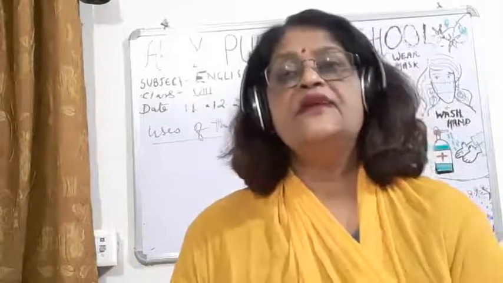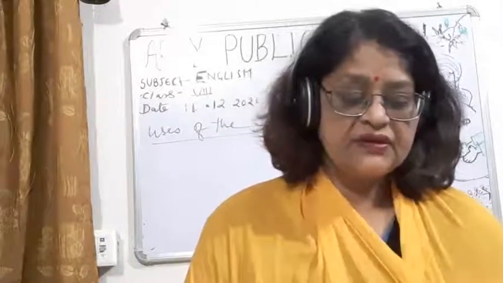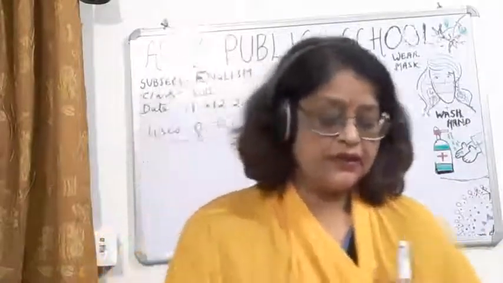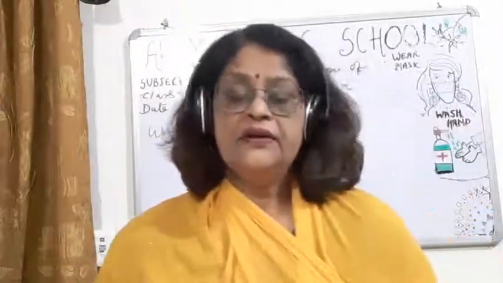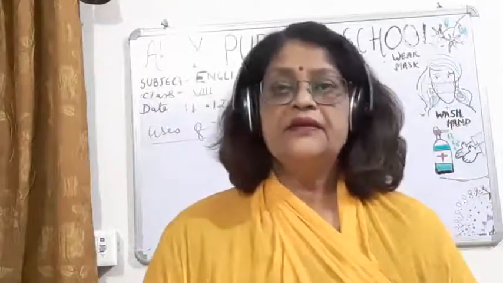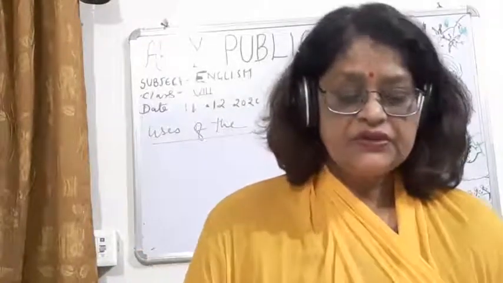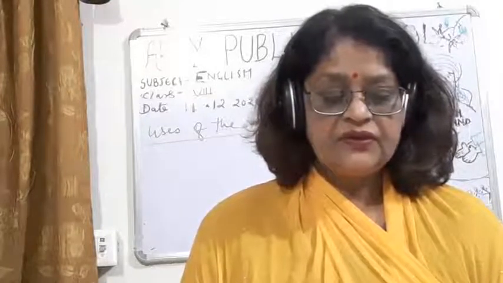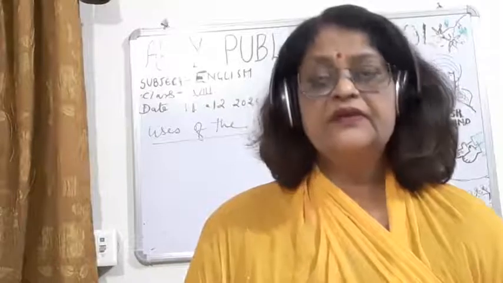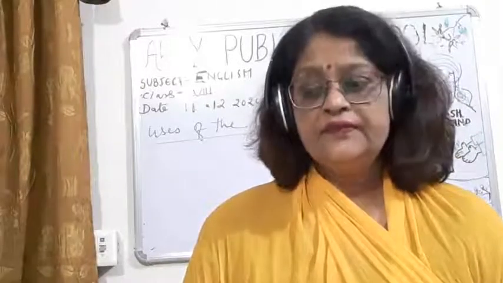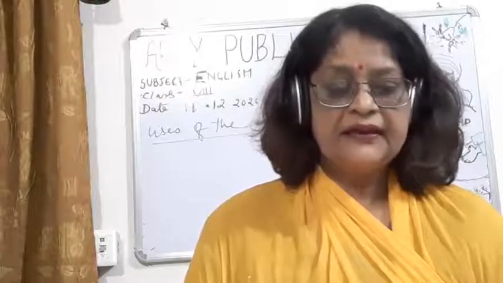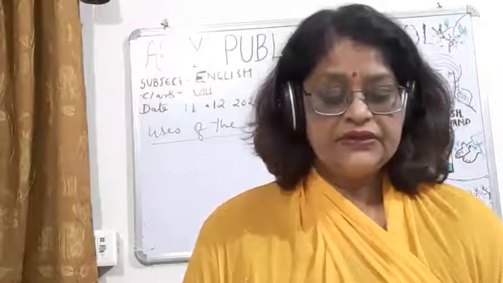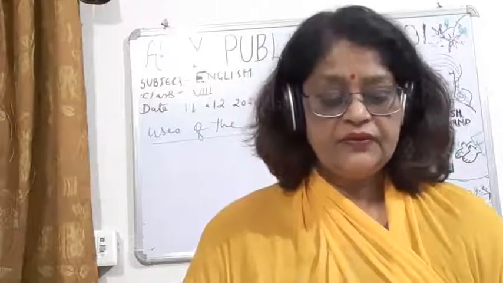Then, children, whenever there is a religious book, we use "the": the Gita, the Quran, the Bible, the Ramayana. So all these things are religious books. Then "the" with the names of races and communities, children, like the blacks, the whites, the Mughals, the Asians, the Europeans.